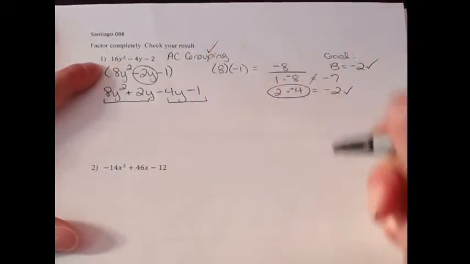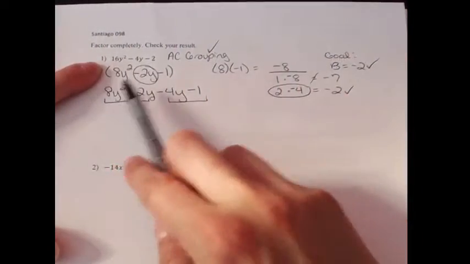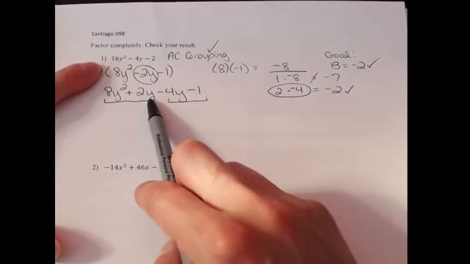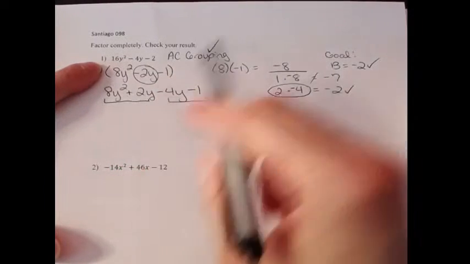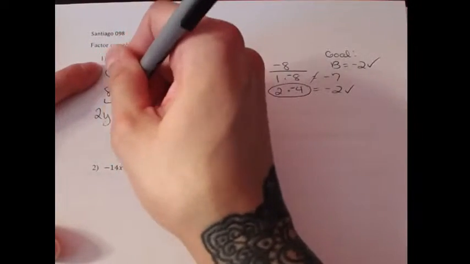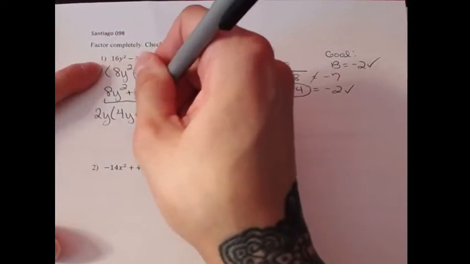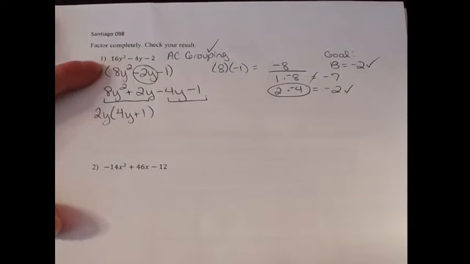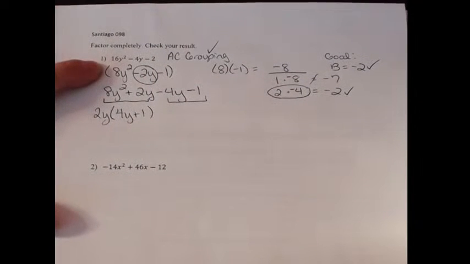Now let's factor by grouping. First 2 terms, last 2 terms. Out of my first 2 terms, I notice that I have a 2y, right? Numeric variable. I'm going to factor out a 2y. That leaves me with 4y plus 1. Double check that. 2y times 4y is 8y squared. 2y times 1 is a positive 2y.